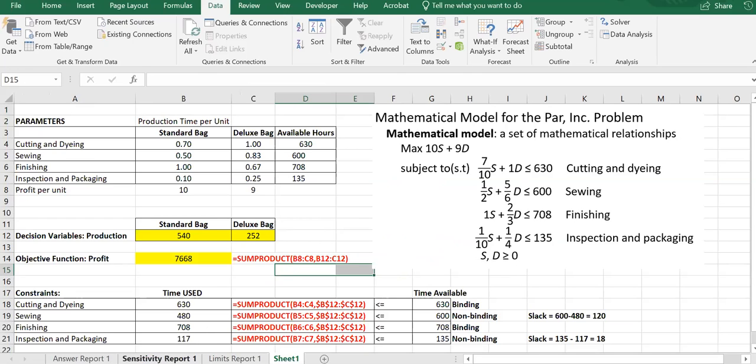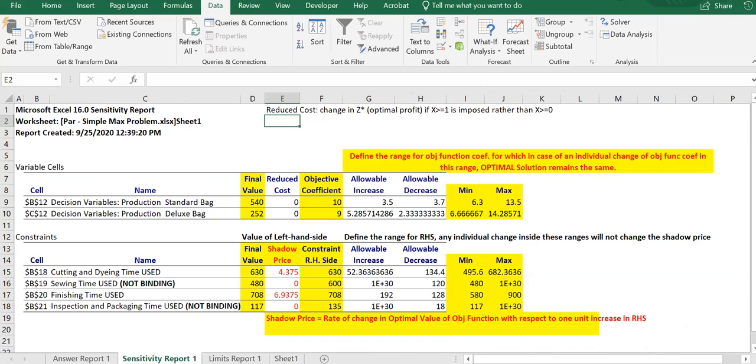All right, that would tell you, if you push the production to take a positive value, how much change there would be. It can be an improvement or it can be a reduction. It can be good or bad for your profit.